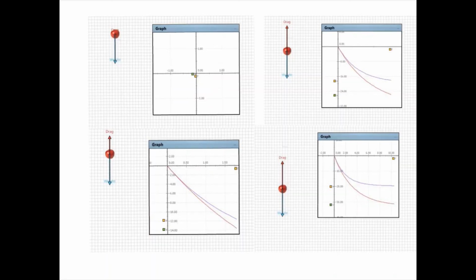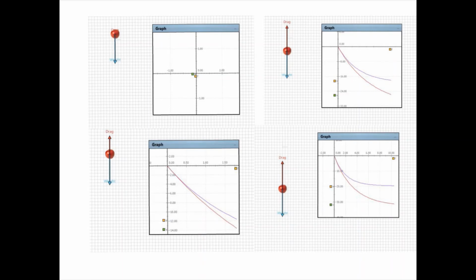This animation was created in a free piece of software available online called Modellus. What we can see here is the growth of the drag force as time proceeds. We can also see a plot of the velocity time graph. So we are at terminal velocity of this purple curve, not quite terminal velocity on the red curve.